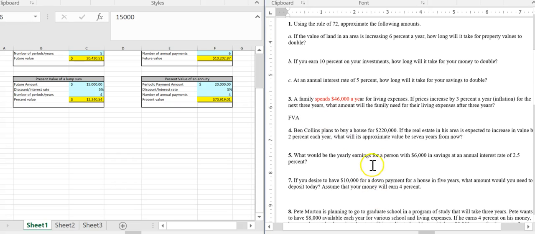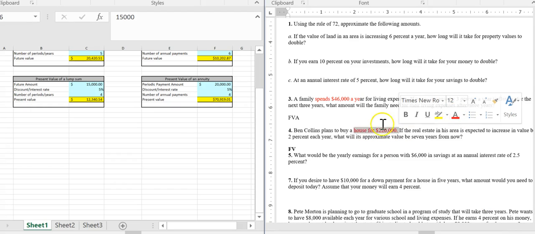Number 4, Mr. Collins plans to buy a house. If the real estate market is expected to increase by 2% each year, what will be its value 7 years from now? Again, 7 years from now, future value. And he's looking at $220,000. Does it say each year? It does not.